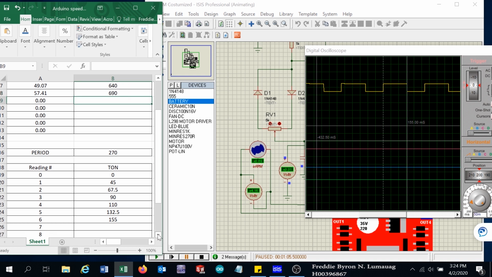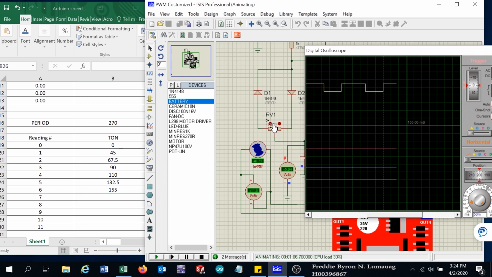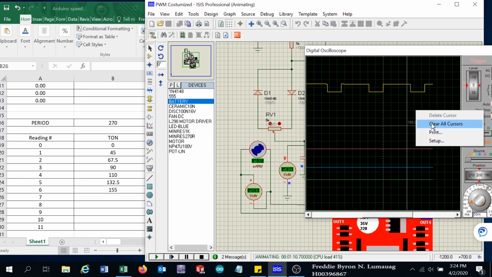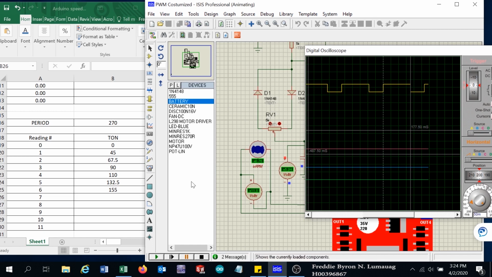And I will go to the seventh reading. I will increase. I will clear the cursor, click pause, and how much is the time? 177.5.